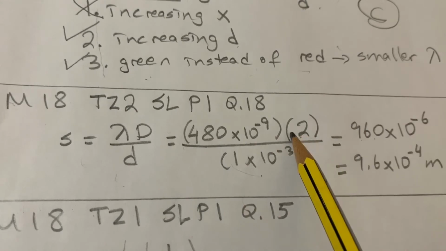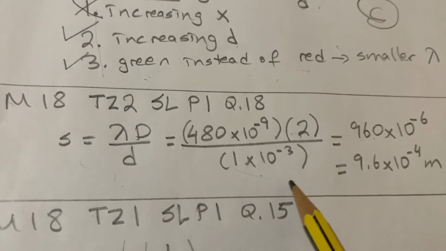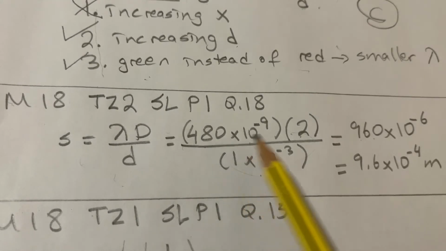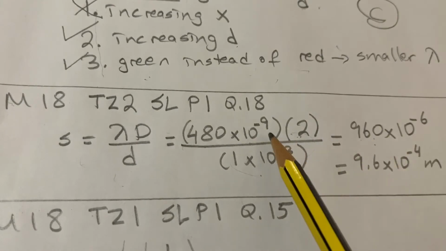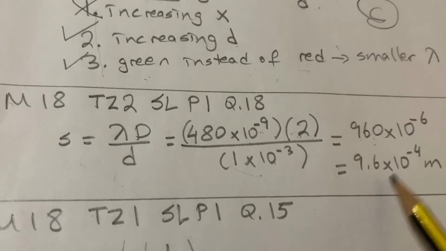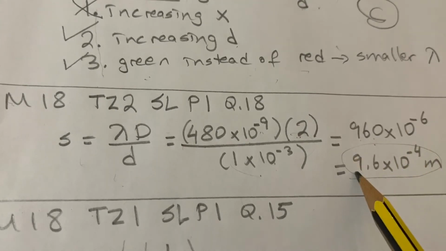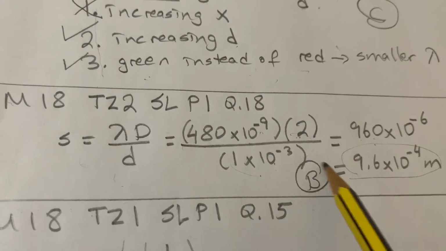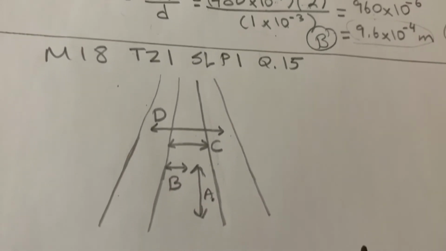When you write everything in meters here, remember in multiple choice questions you can't use calculators, so you need to do some rearranging. 480 times 2 would be 960. Adjusting the powers of 10 would have 10 to the power of minus 6. Looking at the options, the one that's equivalent to that is given in B.